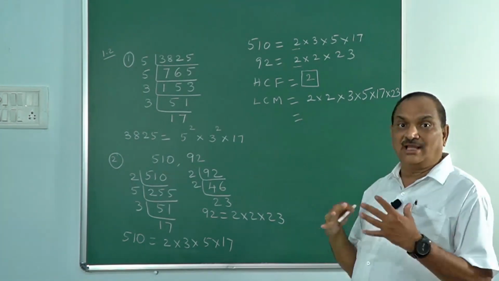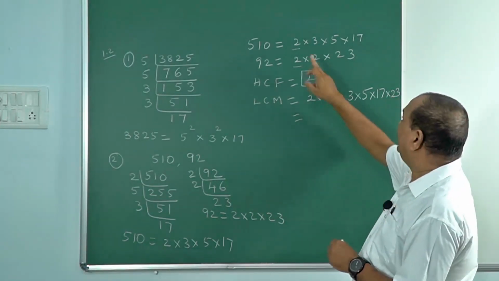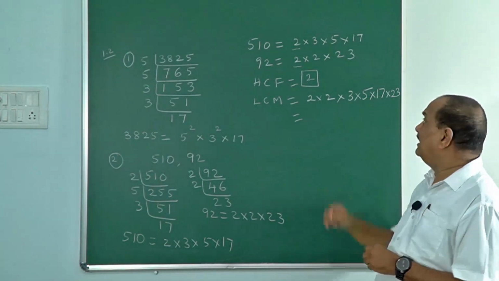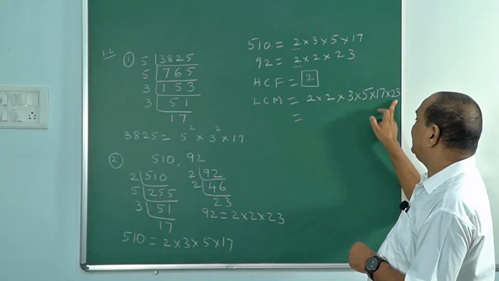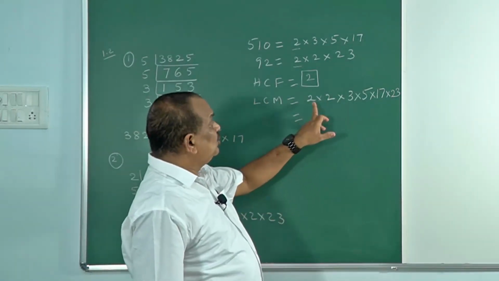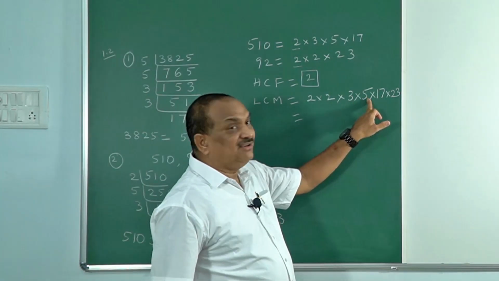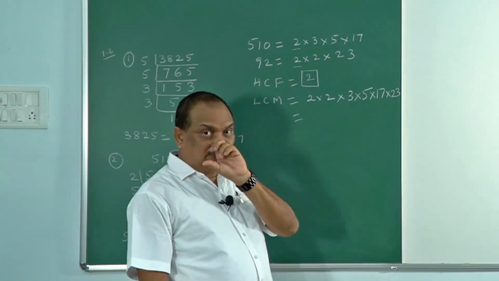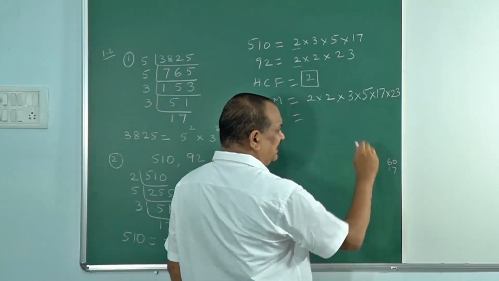So my LCM should have all of them, and all of them separately. Do I have 2, 3, 5, 17? Yes. And do I have this one, 2, 2, 23? Yes. That's it. If you verify that fact, you have got your LCM here. 2 times 2 is 4, 4 times 3 is 12, 12 times 5 is 60. Now 60 times 17 you should take, and that should be multiplied by 23 later.